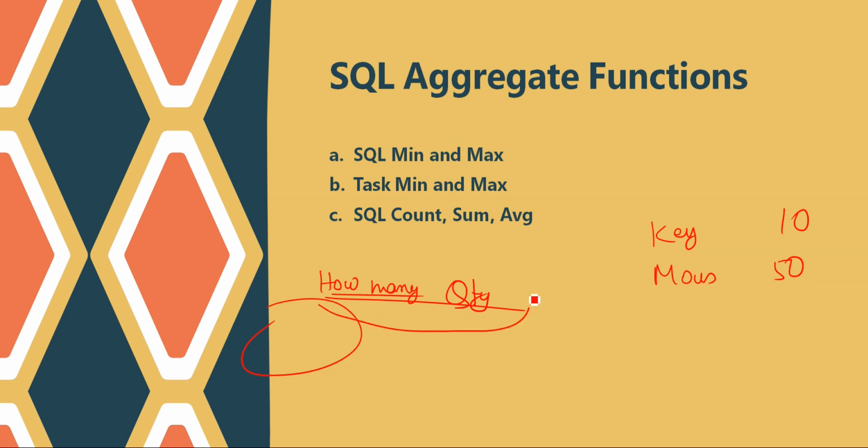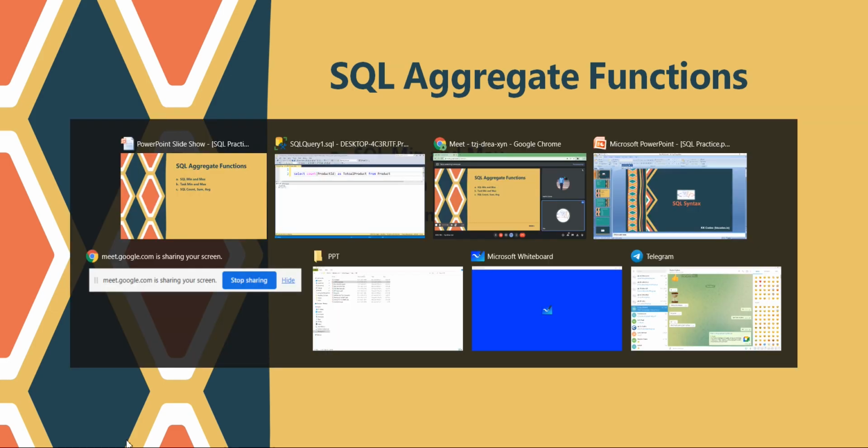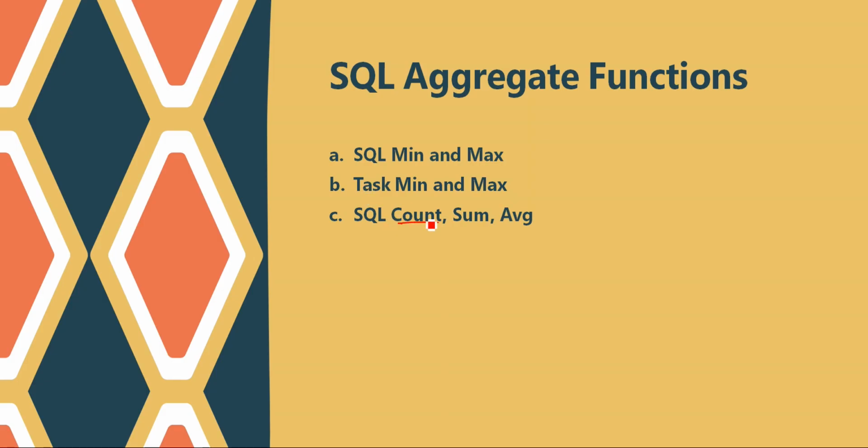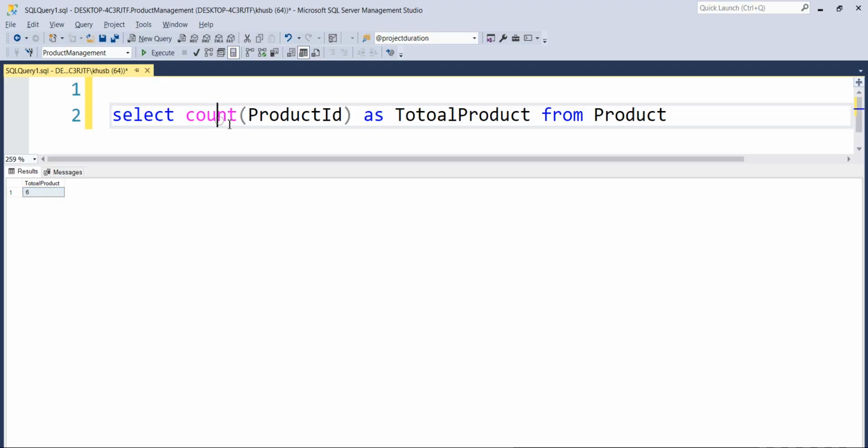I want to know the total quantity of products I have. In this case, I cannot use count, because count is going to return the count value. But I am interested to know the total quantity of those products I have. So instead of count, I will write sum.